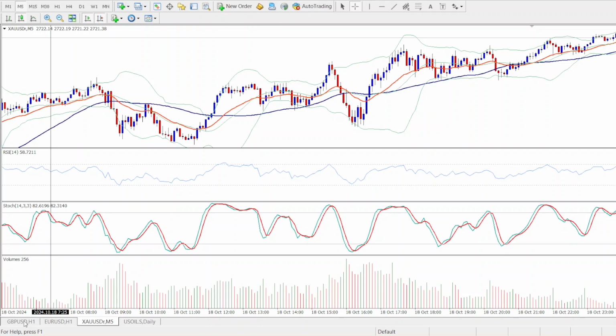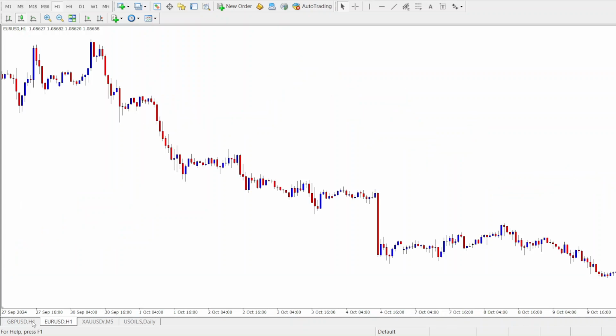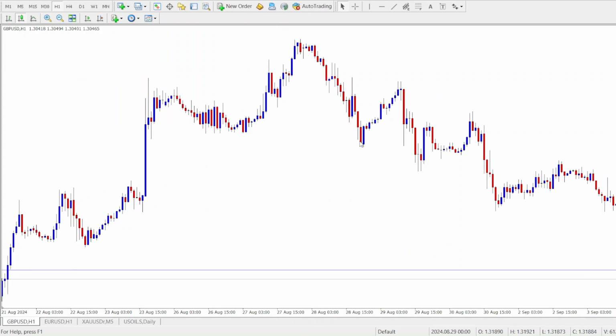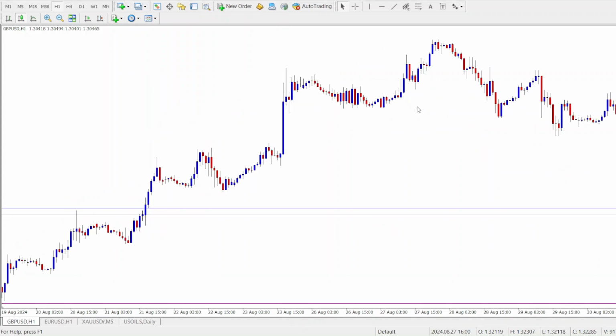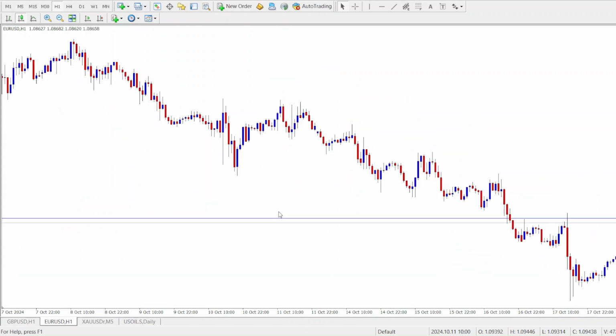For example, if you have correlated pairs, maybe like the GBP USD and the Euro USD, you can try to spread your risk across some pairs that do not have the same currency in them, or even if they have the same currency in them, you can just look at the price movements of those currency pairs and know if there are some similarities in the way they are moving.